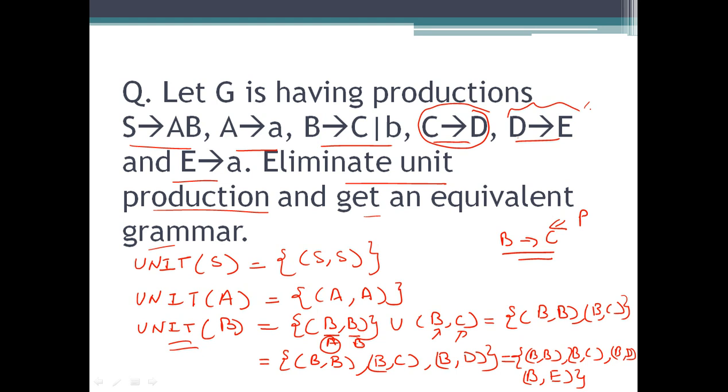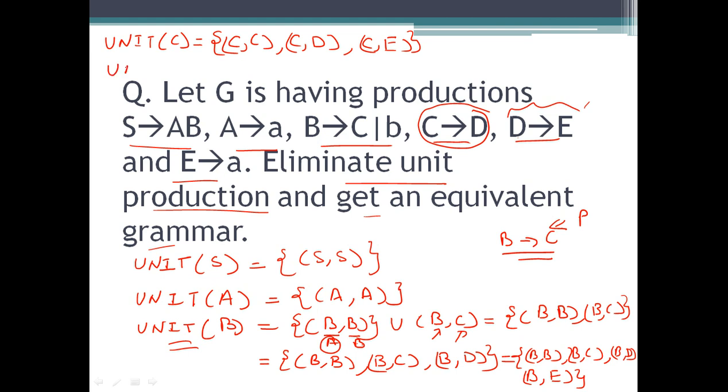Next we find unit of C in a similar manner. So what you are going to get is CC, CD and CE, just by repeated application of the steps of the previous algorithm.